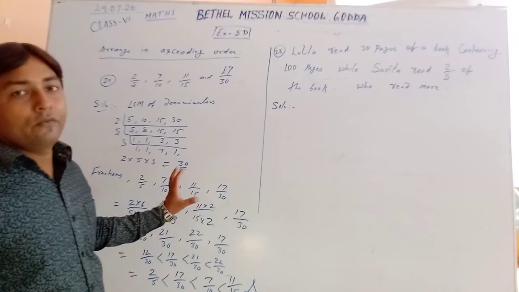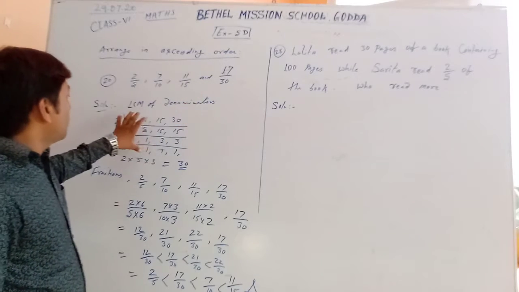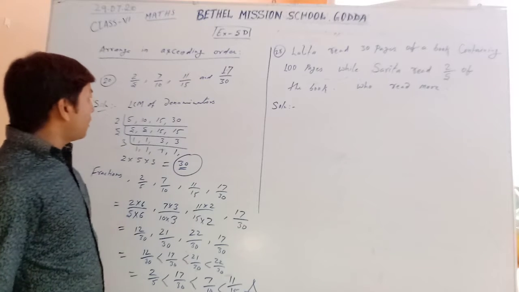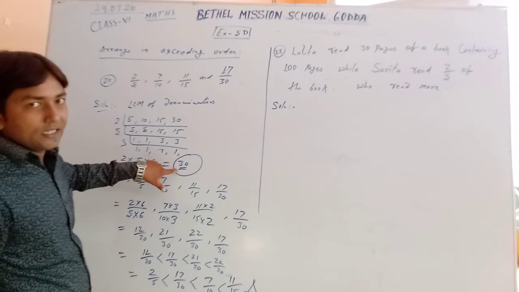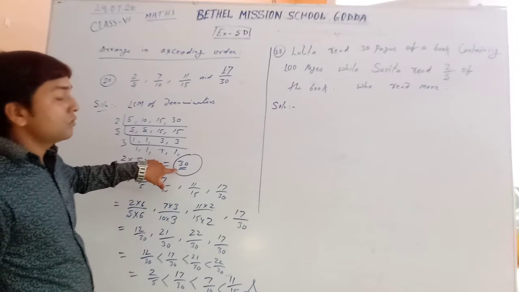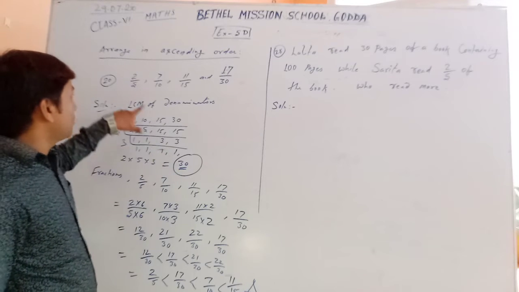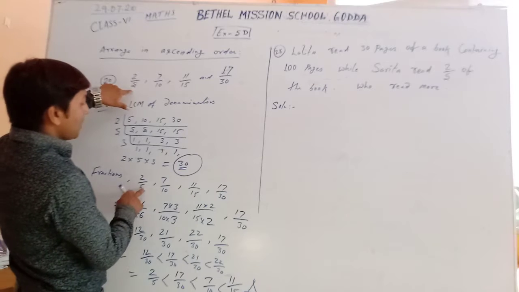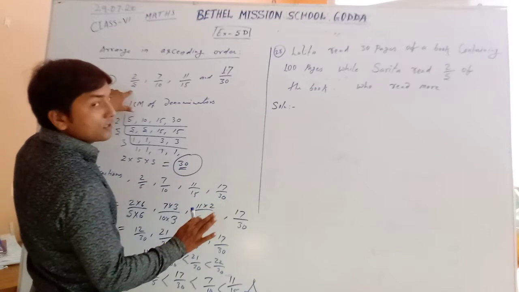First of all, we have to find the LCM of the denominators. Now make all the denominators 30. Whatever we get as the LCM, we convert the denominators to that number. 5 we make 30, 10 we make 30, 15 we make 30, and 30 has no change.